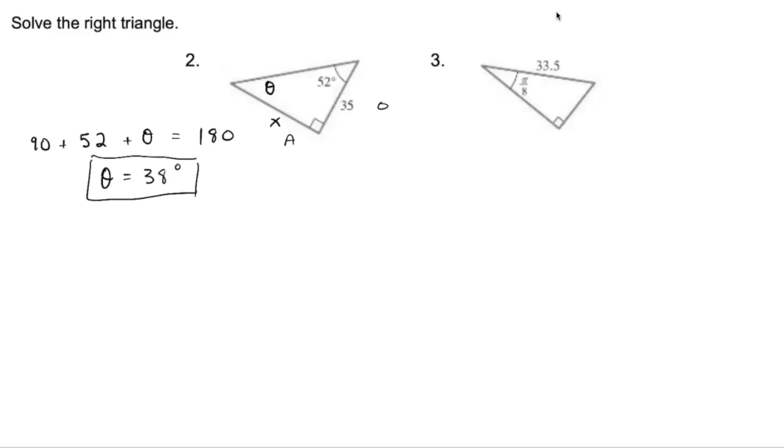In this case, oh wait, I've mislabeled my triangle. The opposite is X. The adjacent is 35. So tan of 52 is going to equal X over 35.